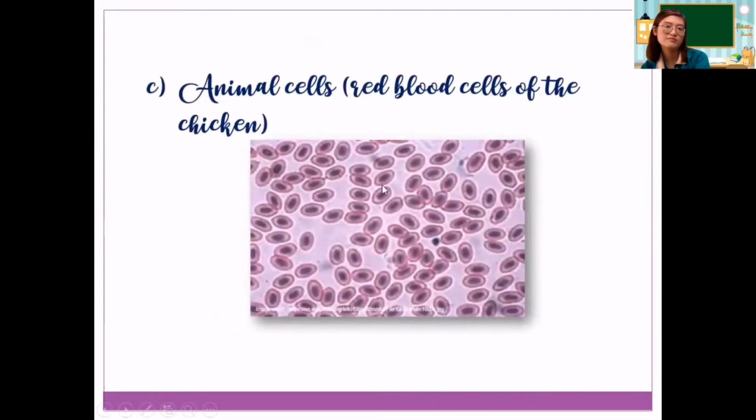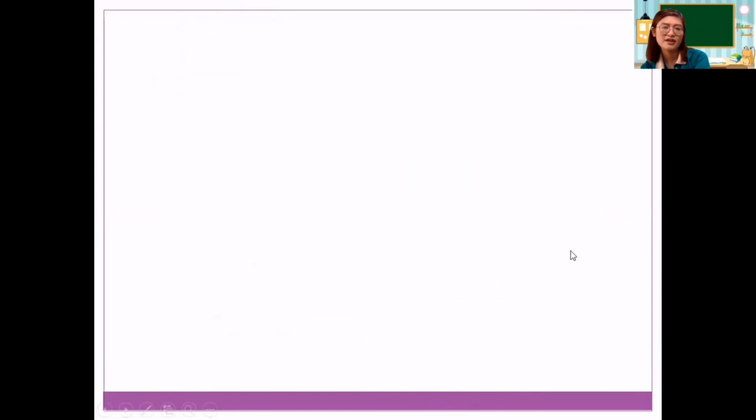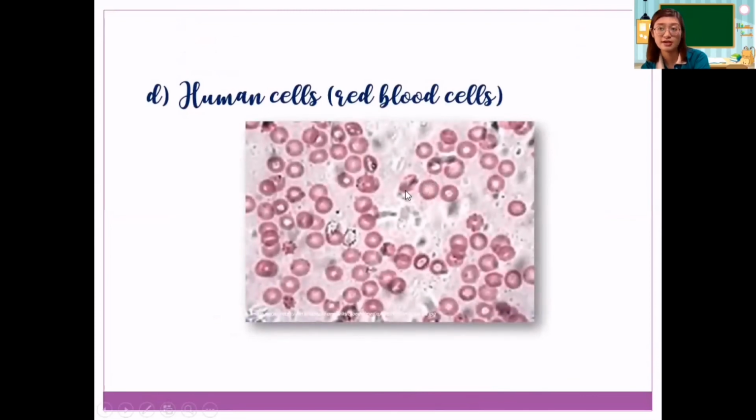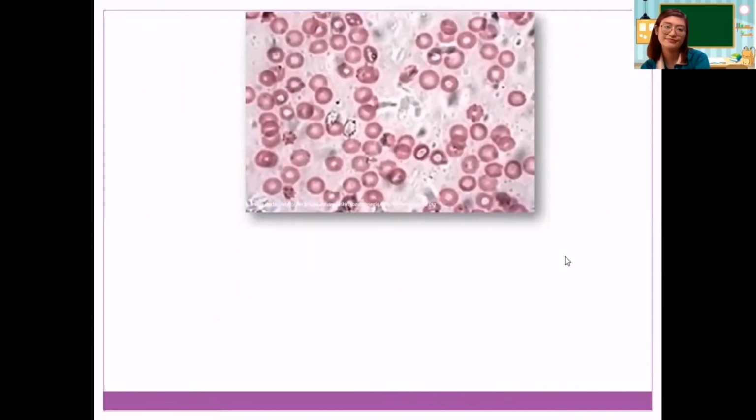For example, these are the red blood cells of a chicken, similar to humans, but more oval or oblong in shape. Human red blood cells are circular in shape, different from the chicken red blood cells. But the same, they are multicellular.